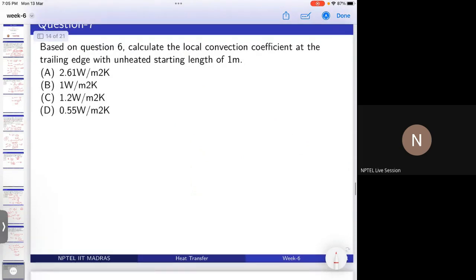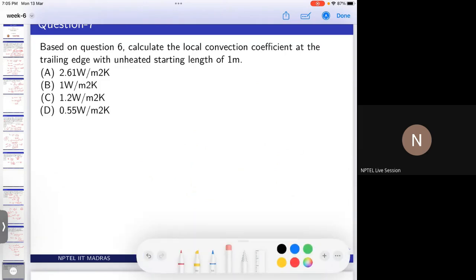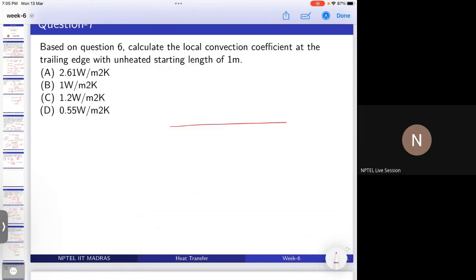So now comes another type of question where we have an unheated starting length. Unheated starting length in the sense, if this is a plate, the flow is happening, and the boundary layer grows.